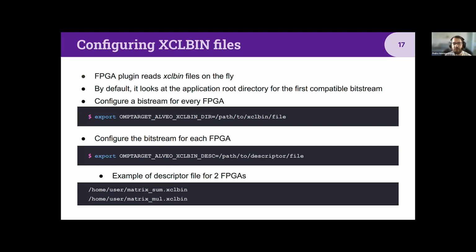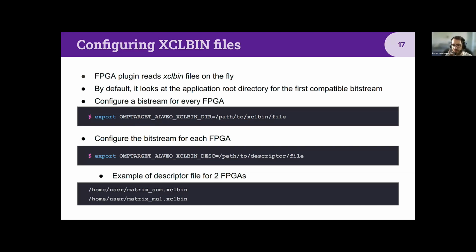If it's to the side, you don't have to do anything, but you can configure a bitstream for every FPGA to use. If you use this environment variable passing the path to the XCLBIN file, it's going to search in the path to configure each FPGA in your system to use that bitstream.